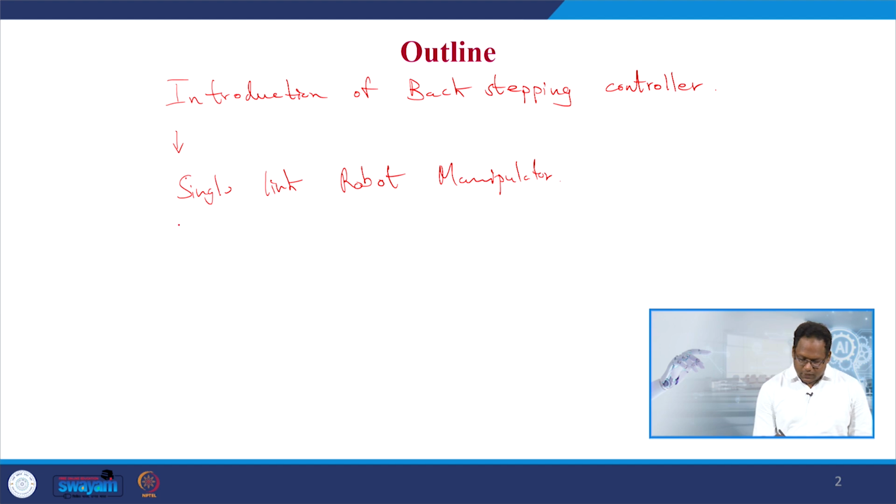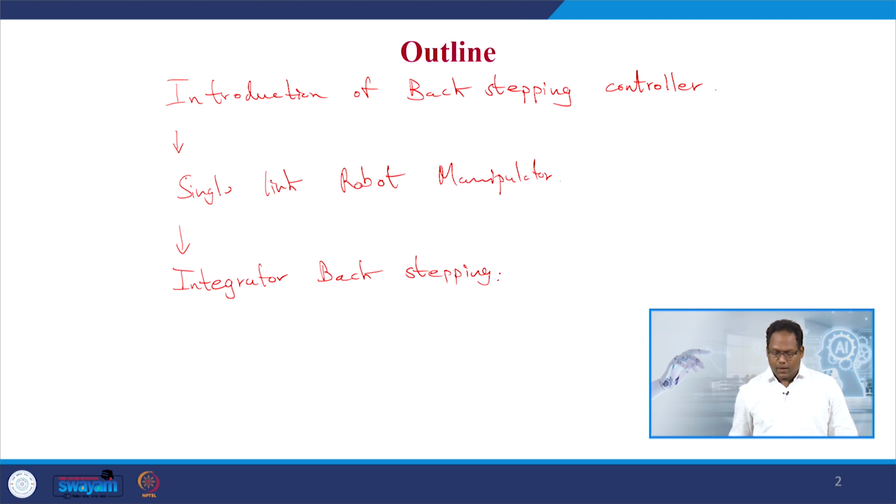Then we will be moving to a special case of backstepping which is called integrator backstepping. And we will be seeing one example using the design by integrator backstepping.